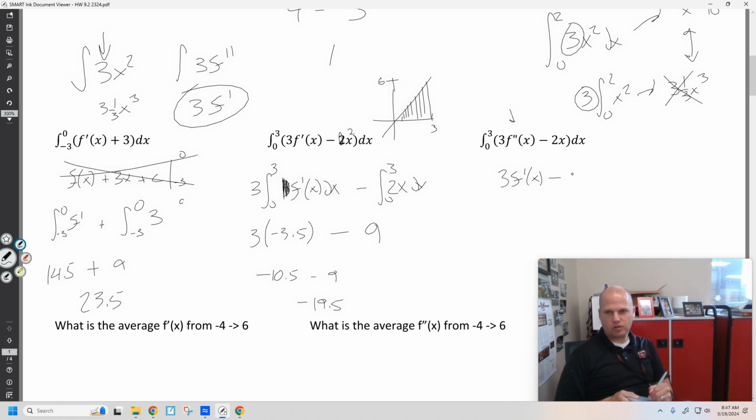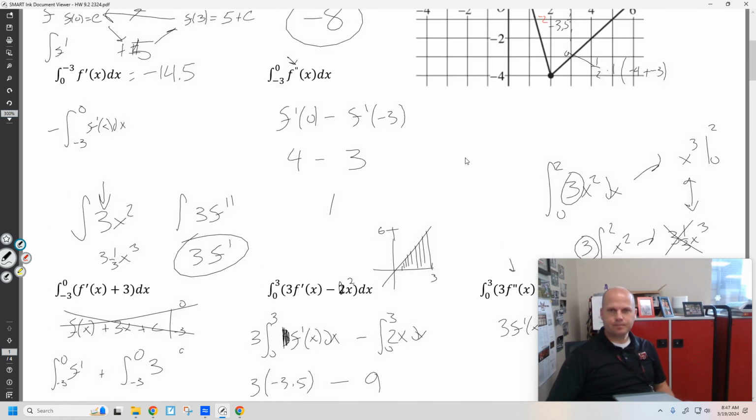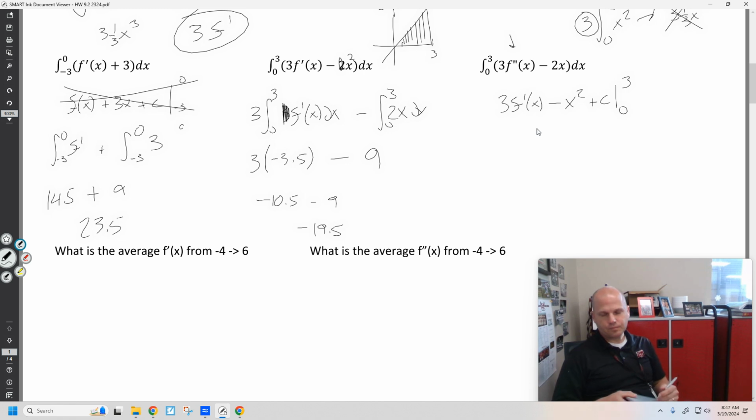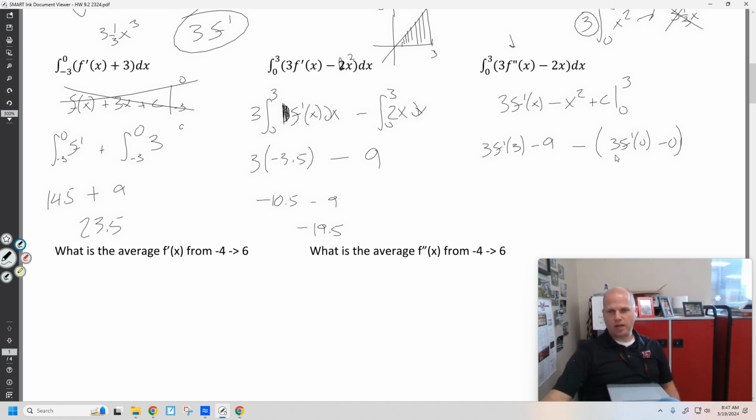The antiderivative of 2x is x squared. I'm actually just going to do that because I know that I have those values. So I got 3f prime of 3 minus 9 plus c, which I don't care about. And then I'm going to subtract 3f prime of 0 minus 0 plus c, which I don't care about. So I really just have to figure out this and then subtract 3f prime of 0.